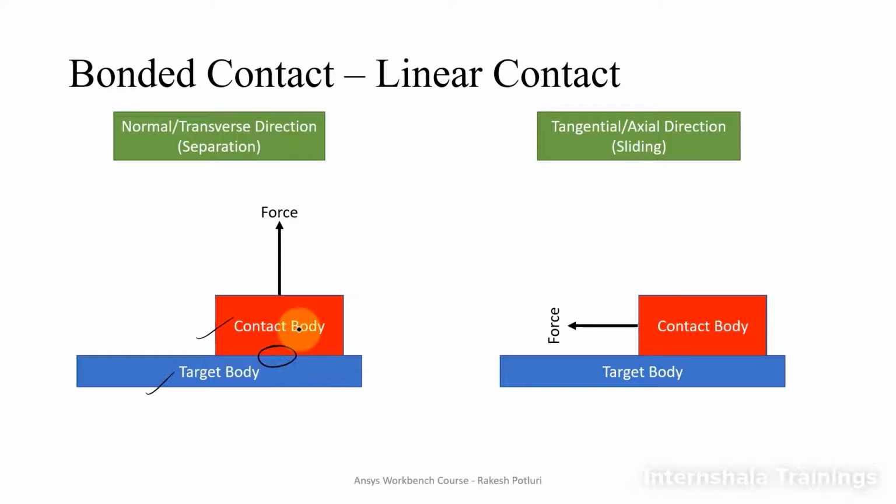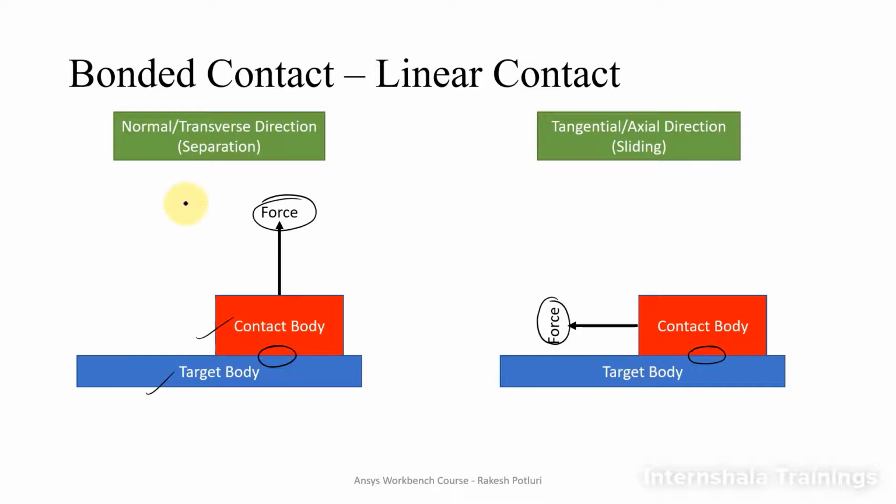If I apply a force in this direction and try to separate these 2 bodies, because it is a bonded contact, you cannot separate them. Likewise, I apply the force in the tangential or axial direction, and I try to move this contact body over the target body. But remember, we have given a bonded contact. That means what will happen? This contact body cannot move on the target body.